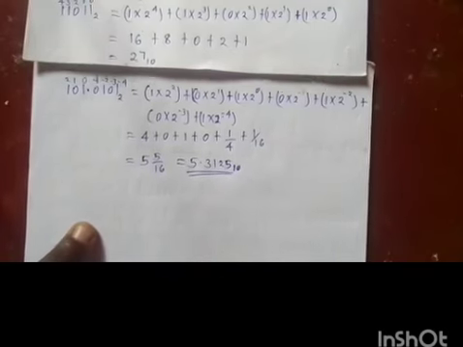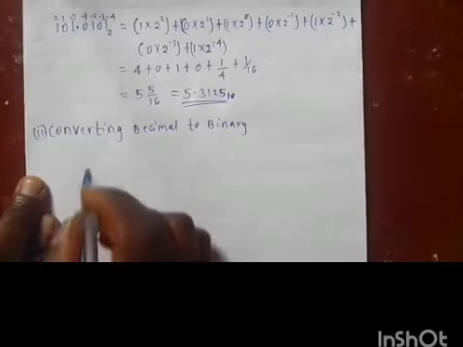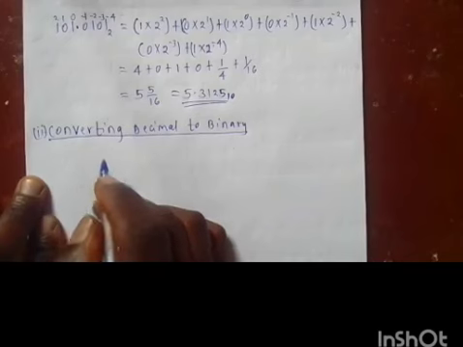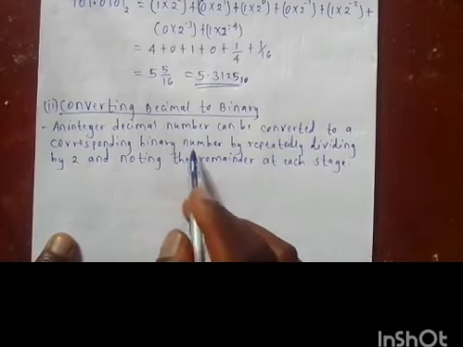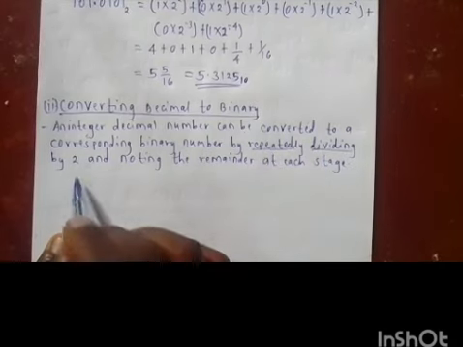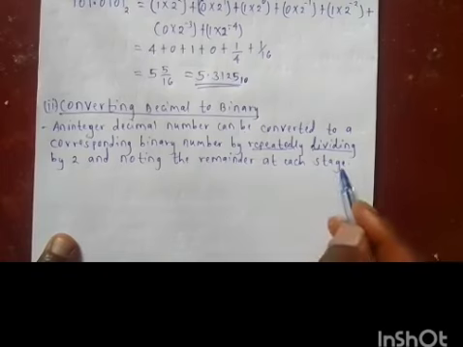Right, so we want to move to the second part on converting decimal to binary. Here, an integer decimal number can be converted to a corresponding binary number by repeatedly dividing by 2 and noting the remainder at each stage.